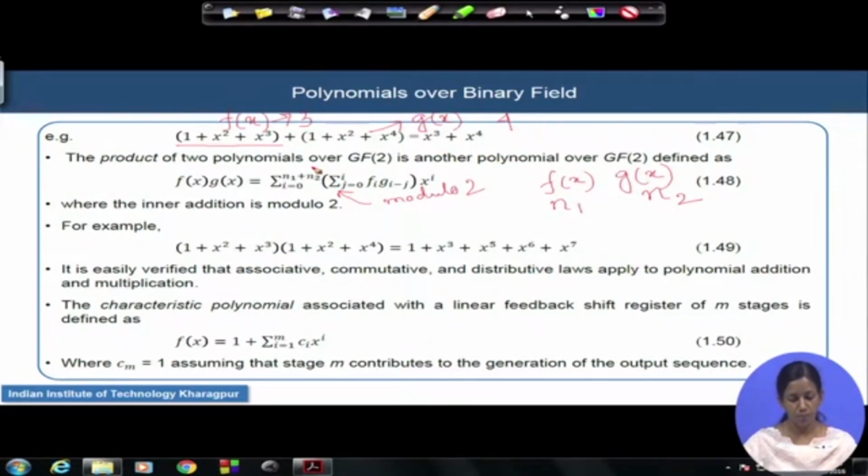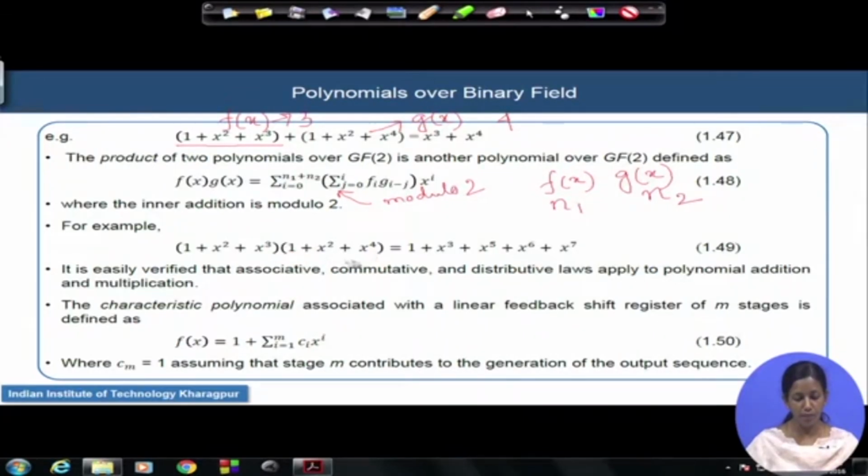It is not the maximum of n1 and n2, it will go up to the summation of n1 plus n2. We will take again another example, 1 plus x squared plus x cubed and 1 plus x squared plus x to the power 4, like our earlier case. If you keep on multiplying, 1 multiplied by 1 will give you 1. You will generate one x squared term here, another x squared term because of the multiplication of these two terms, and because of the modulo 2 summation, that will boil down to 0, and you will have the independent term of x cubed.